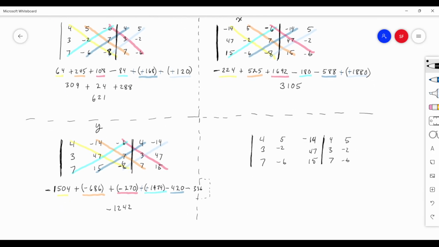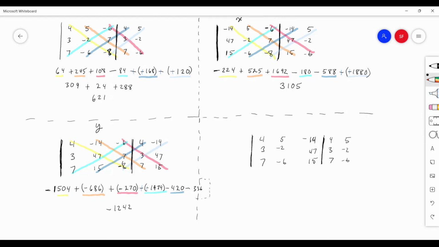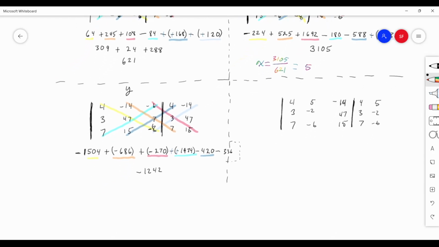After we finish all these, because we're pushing up on time, you can probably figure out the last one after you do this last one. To actually get x, we would do this number divided by that number. 105 divided by 621 equals, so x equals 5 on this problem.